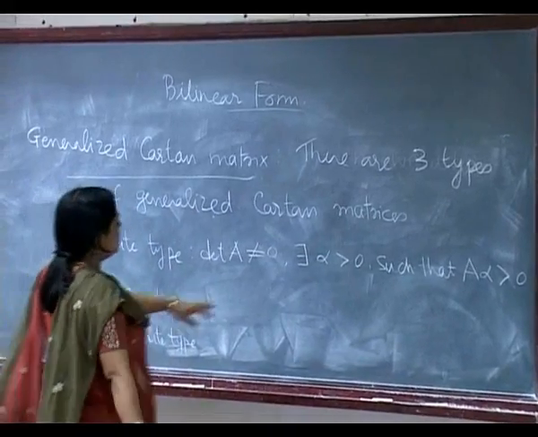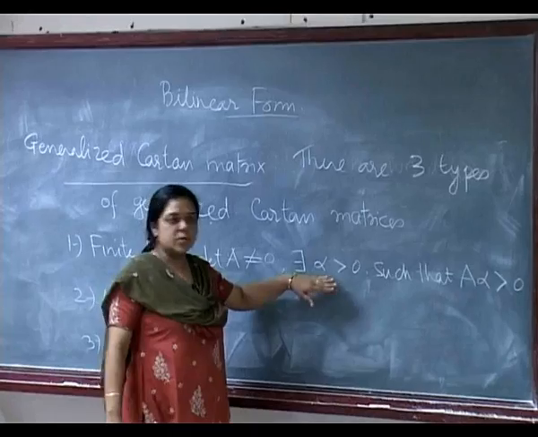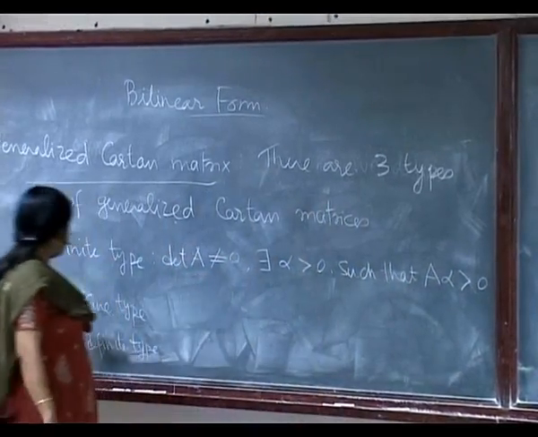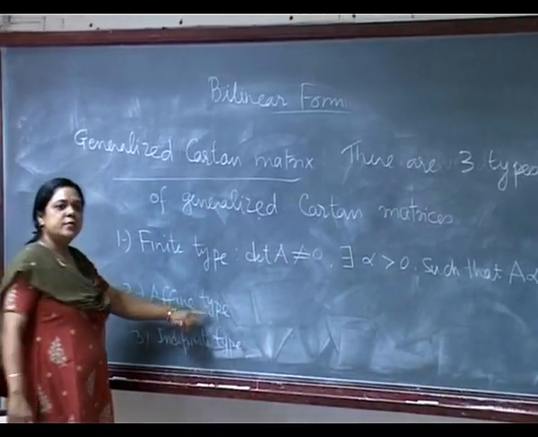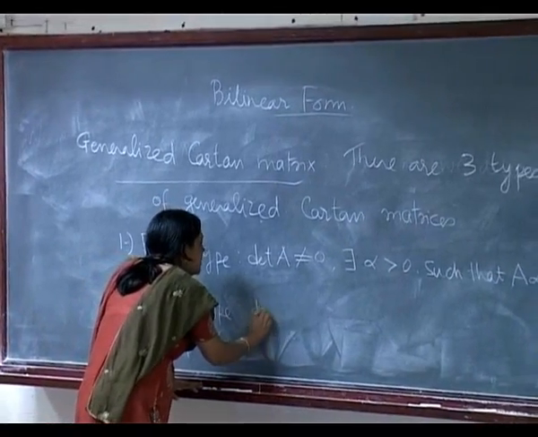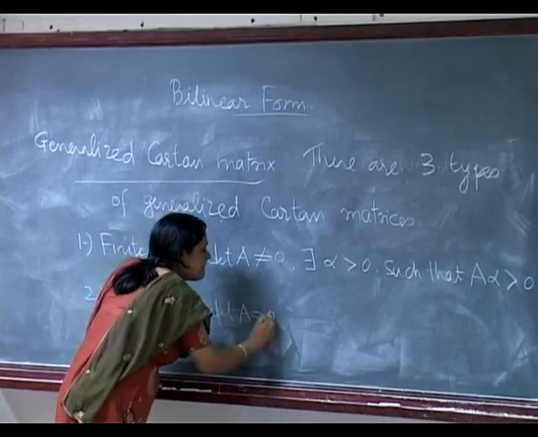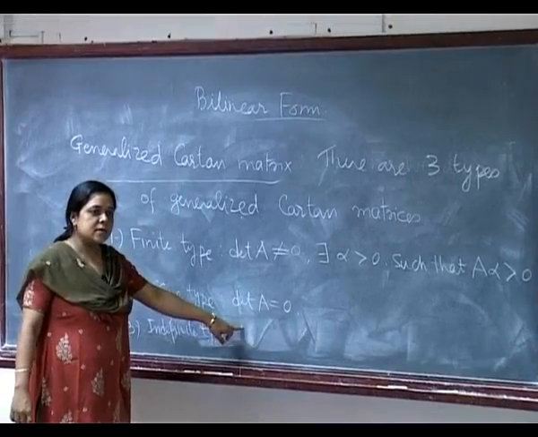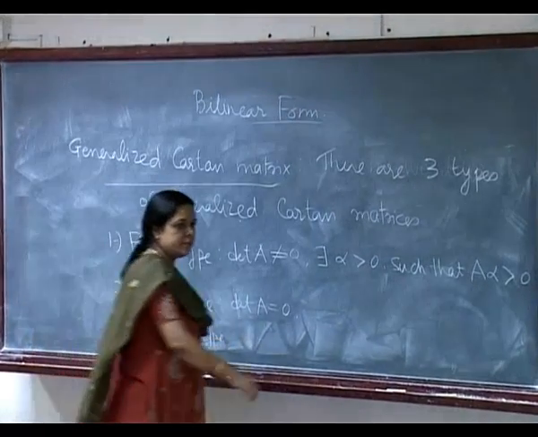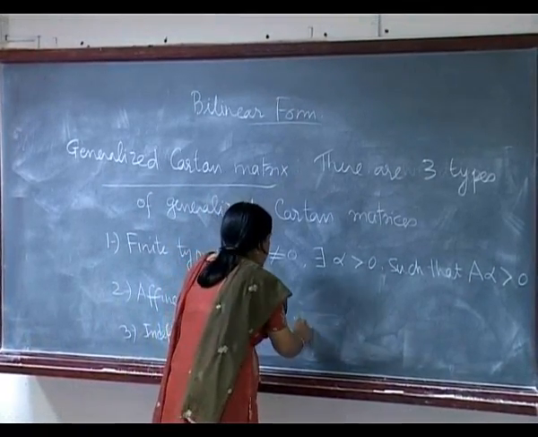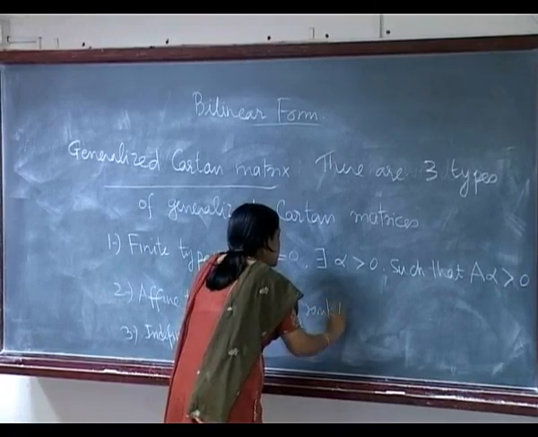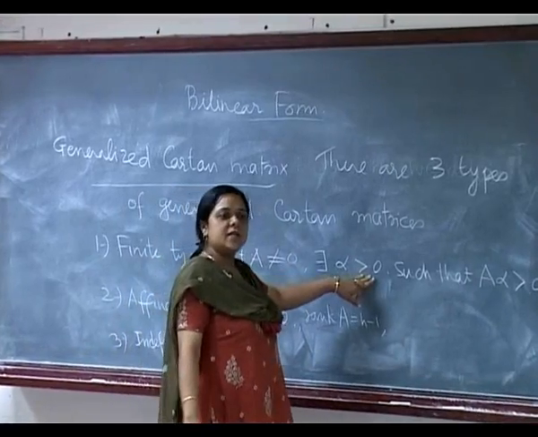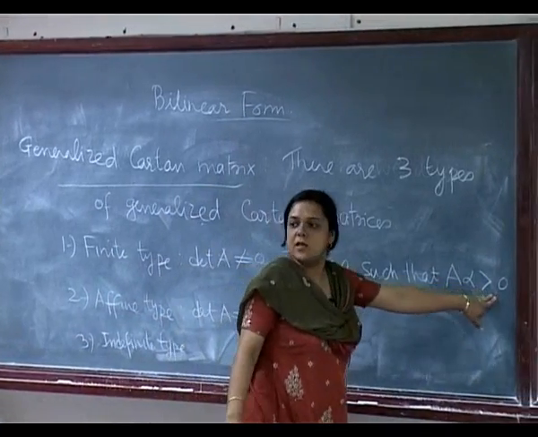And in case of affine type we have determinant of A is 0 and rank of A is n minus 1, and there exists alpha greater than 0 such that A alpha is equal to 0.